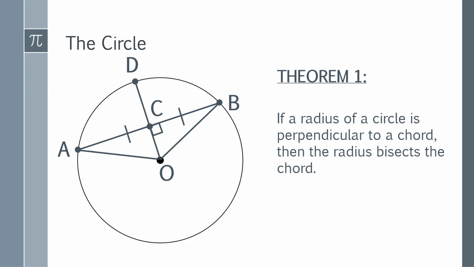Now, if these two line segments, the radius and the chord, bisect each other, meaning, when you say bisect, this is a line segment that cuts another line segment, a line, or an angle into two equal parts. So if they bisect each other, the line segments AC and CB are congruent to each other.